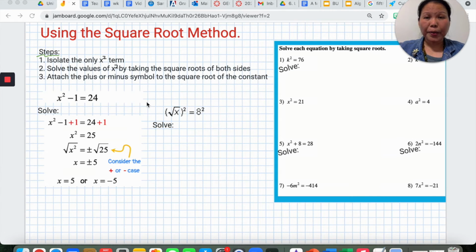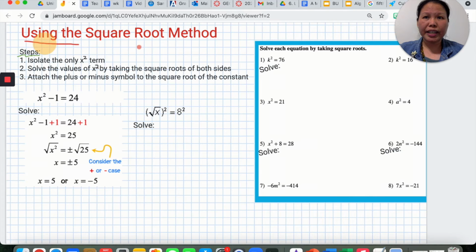Another way that you might see problems, you might have to work with square roots to solve equations using the square root method. Steps. 1. Isolate the squared term, or whatever the exponent is. If it's a cube root, then isolate that cube term, or fourth or fifth.